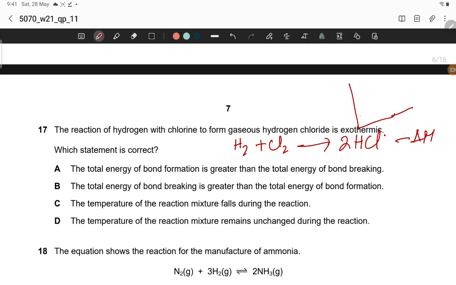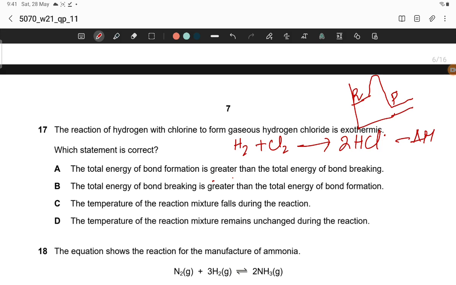This is energy profile diagram of exothermic reaction. This is reactant and this is product. The total energy of bond formation is greater than the total energy of the bond breaking.